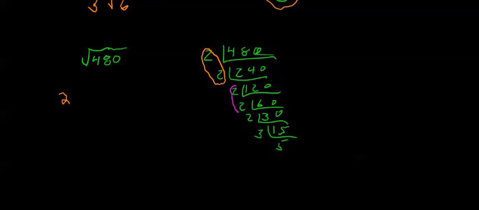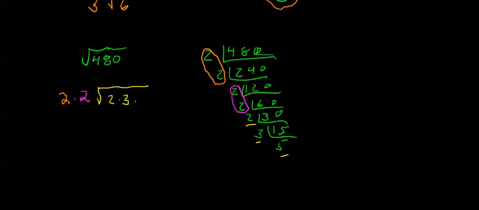I circle this pair of 2's. I write that down, and it's multiplication. And then I see that I have a 2, a 3, and a 5 left.